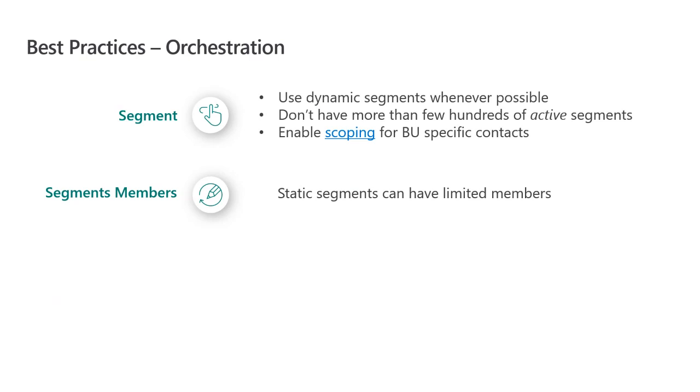And by the way, we also have some limitations. As of today, it's limited to a few thousand members in a static segment. Although we are going to increase this limit, I think in the next release. Stay tuned for the upcoming release notes.